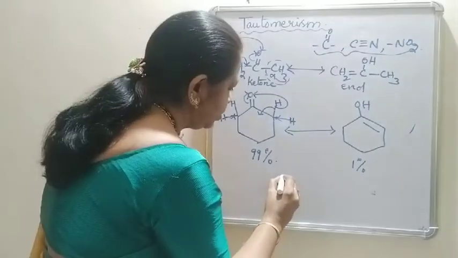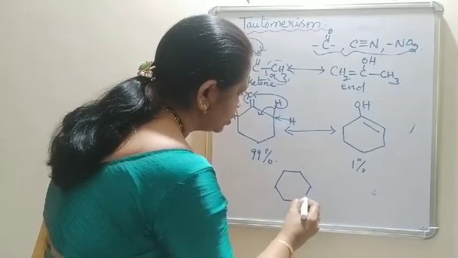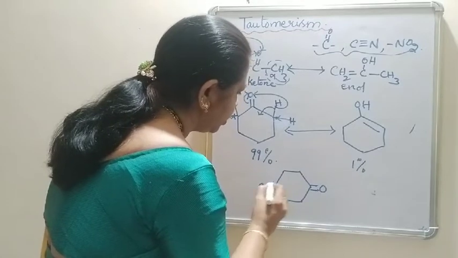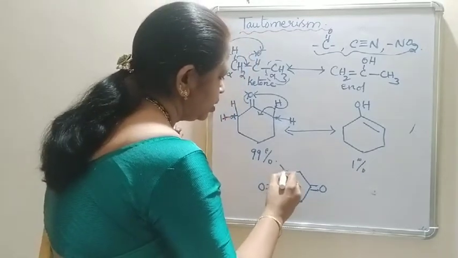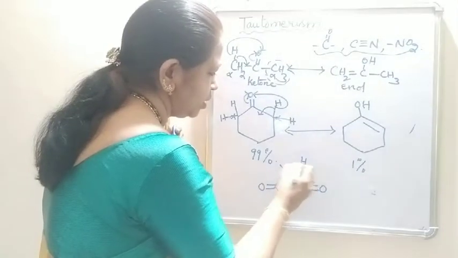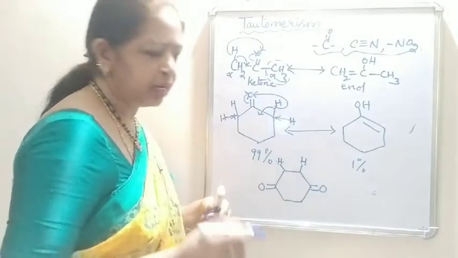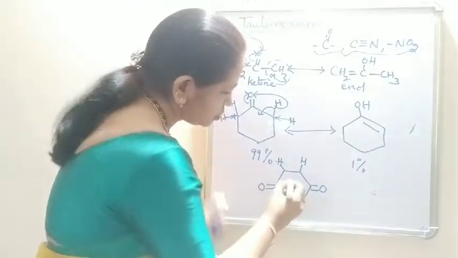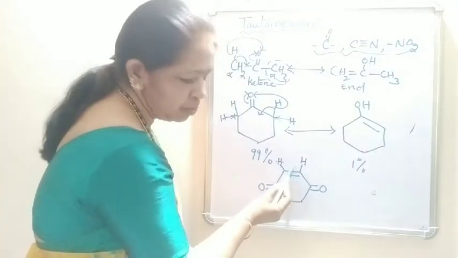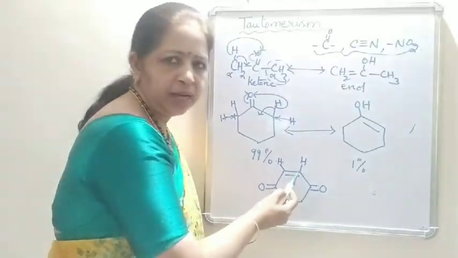And if an alpha hydrogen is attached to a double bonded carbon, that means if we take the example like this, it is a cyclic diketone, and there are alpha hydrogens here and here. This alpha hydrogen will not migrate towards the oxygen because it is attached to a double bonded carbon.